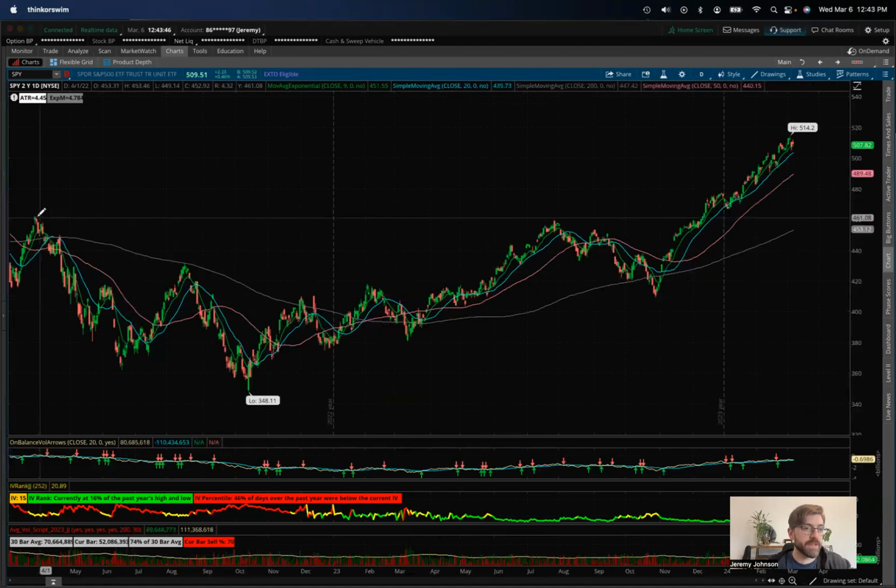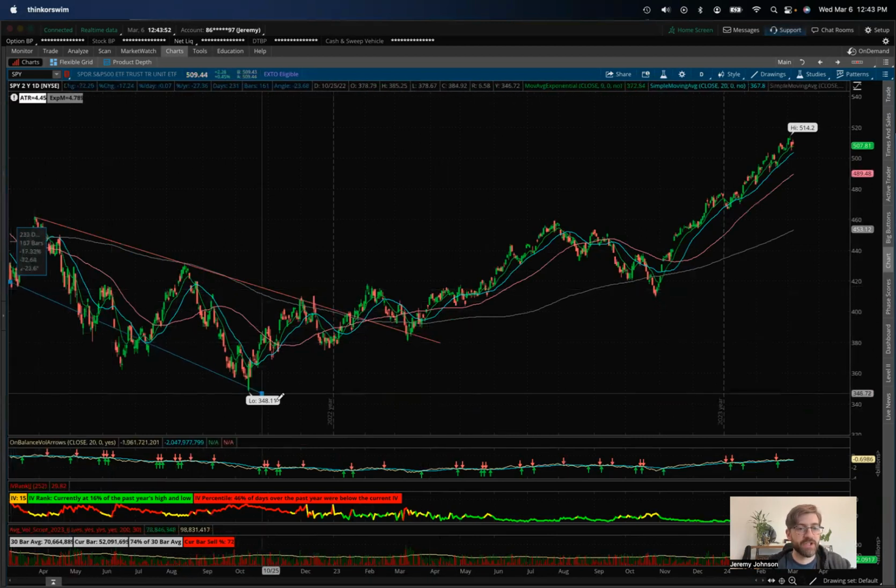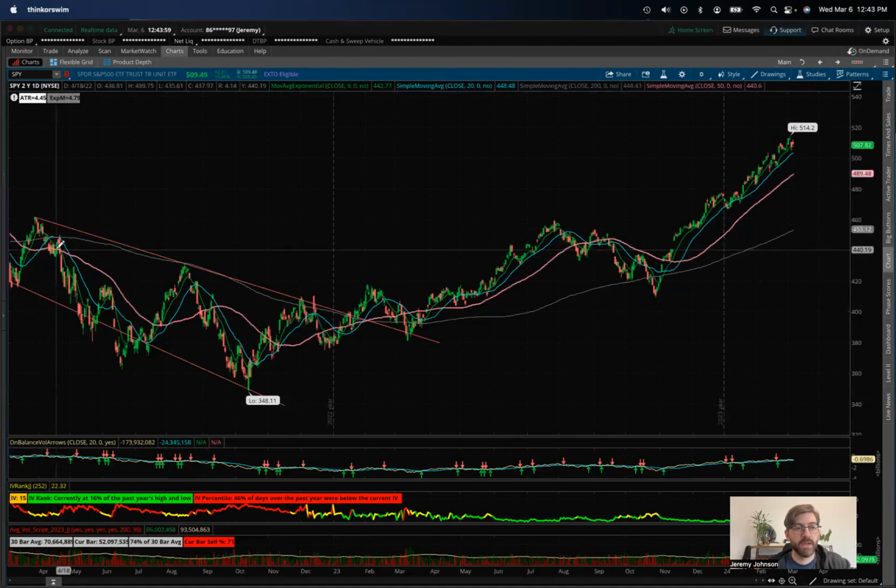Looking at this chart, we're looking at 2 years' worth of SPY, the S&P 500 ETF. And you can see that we were in a downtrend defined here. Now, the definition of a downtrend is that you are consistently making lower pivot lows and lower pivot highs. So right here, we had a pivot high, and then we set a low, and this pivot high right here was lower than the previous pivot high.